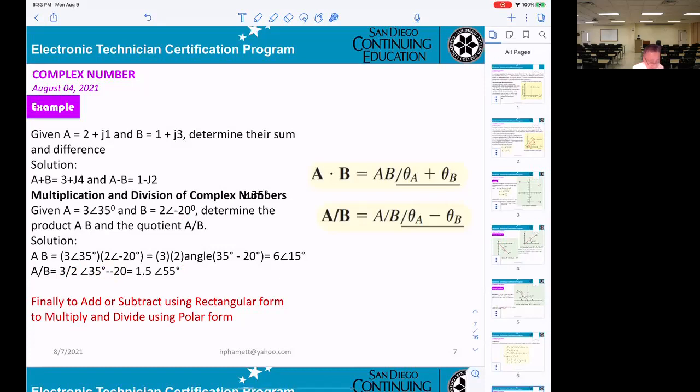Finally, add and subtract using rectangular form. Multiply and divide using polar. They gave you the polar here.